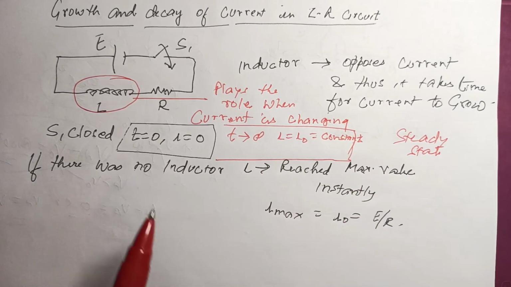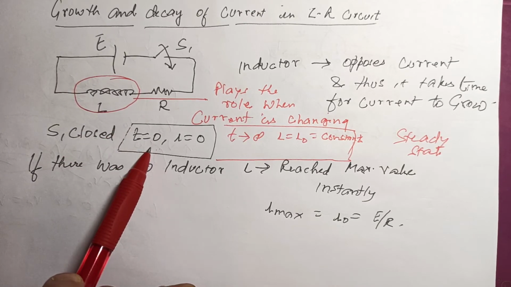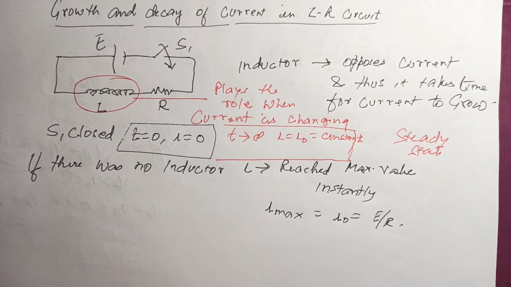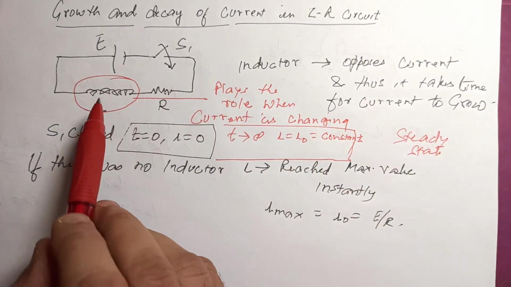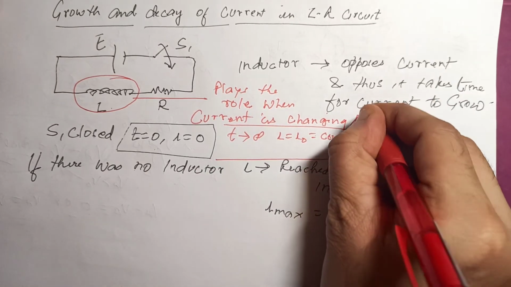Between t is equal to 0, when the current is 0, and steady state, the inductor plays the role. That is why I have written this: inductor plays the role when current is changing only.